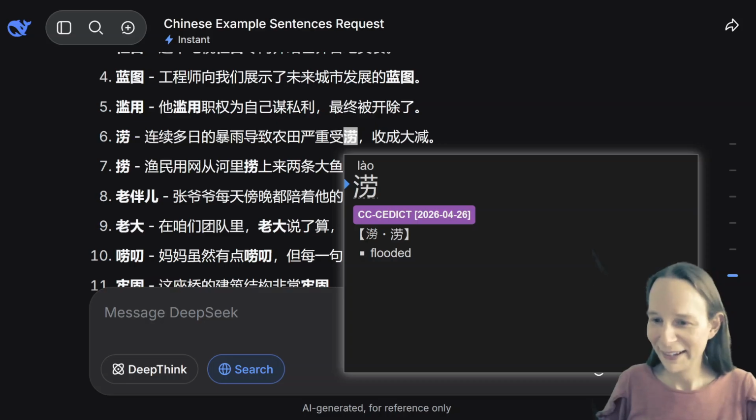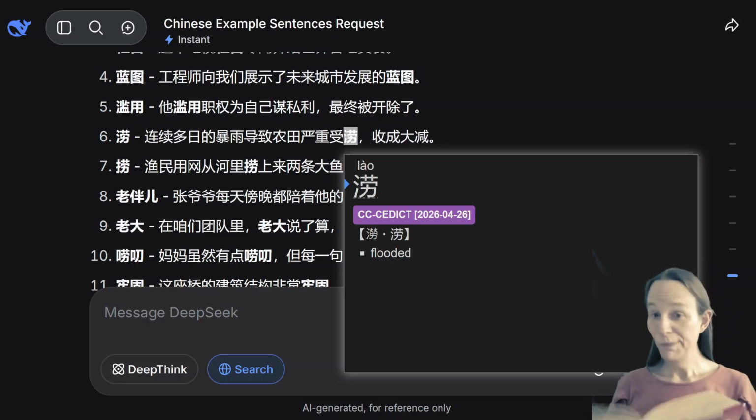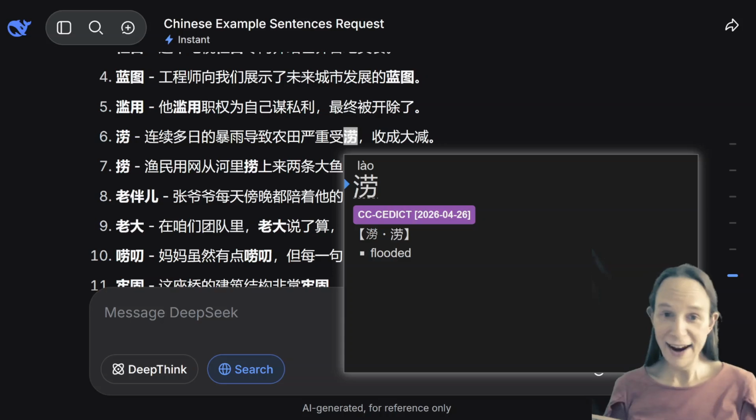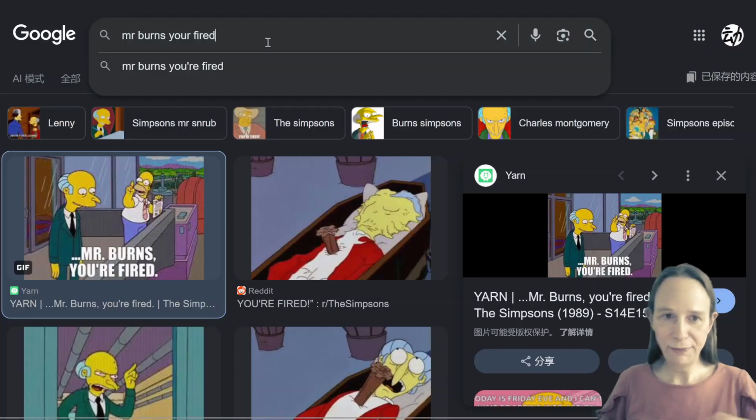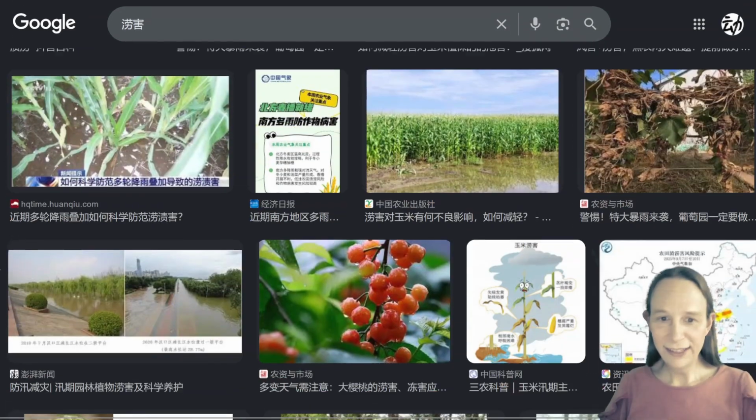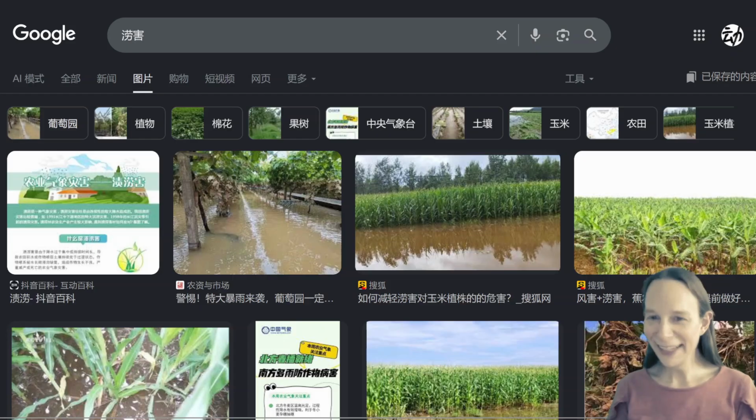Something's going on. 涝. I guess I just didn't know this character. It looks vaguely familiar though. 雨水过多而淹了庄稼. So excessive rain flooding crops. 涝害. Those are some flooded crops due to excessive rain.